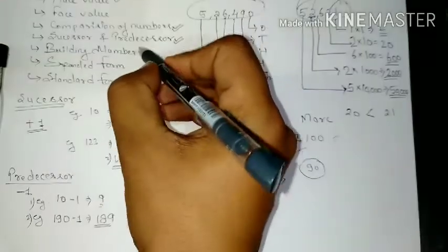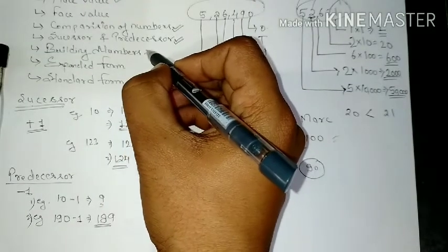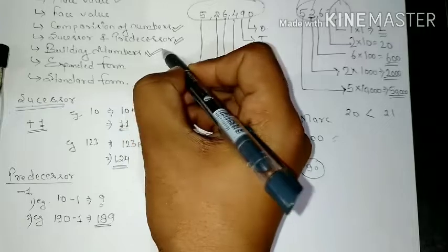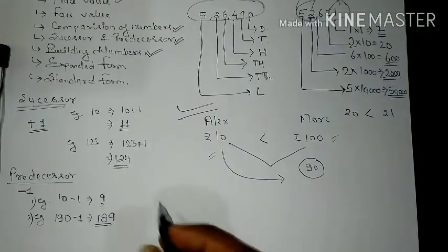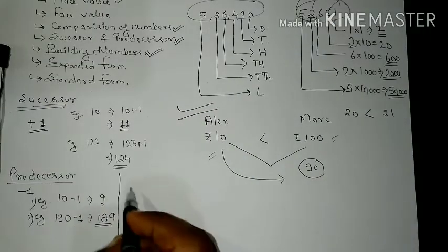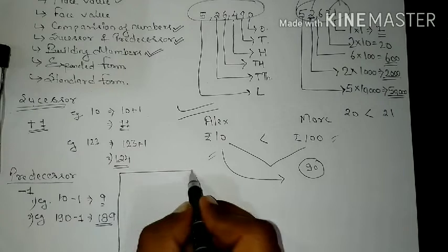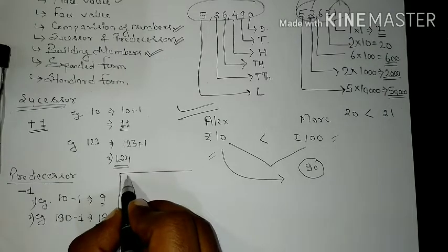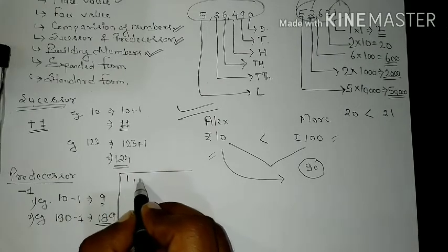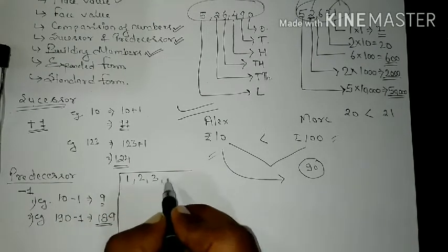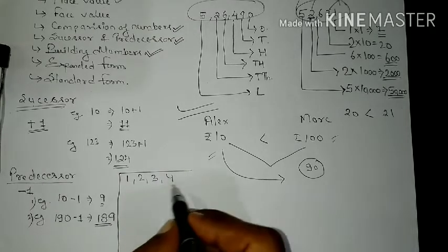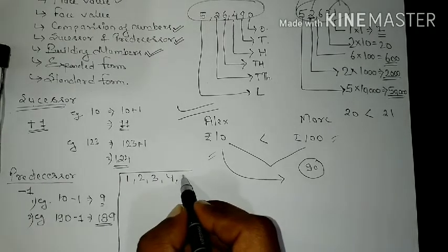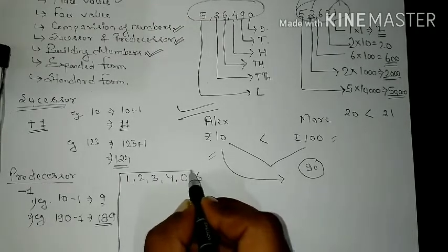The next thing that we will study in this video is building numbers. Suppose you have been given 1, 2, 3, 4, 0, 6.